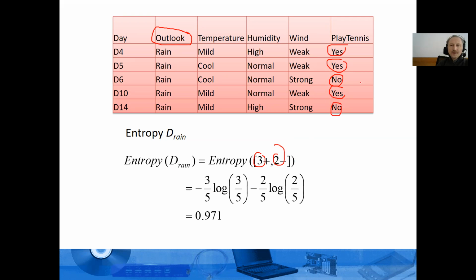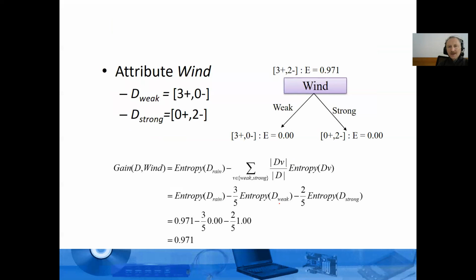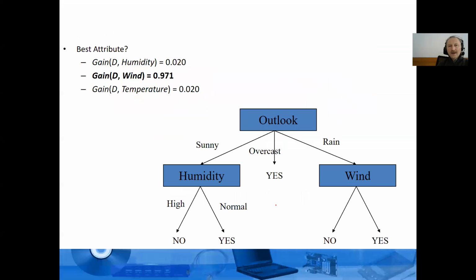You plug this information into the entropy and calculate entropy for rain, if outlook is rain. And you'll calculate all of this. Then you'll calculate in respect of humidity if rain, in respect of wind if rain, in respect of temperature if rain. Yes, this one is the highest gain.